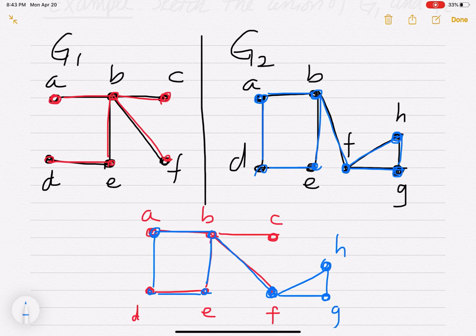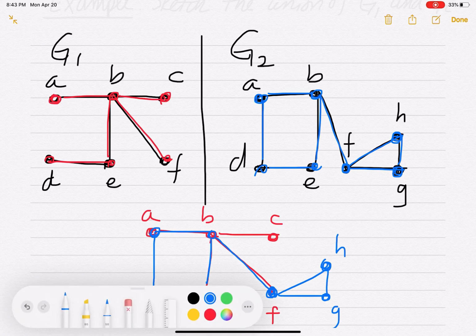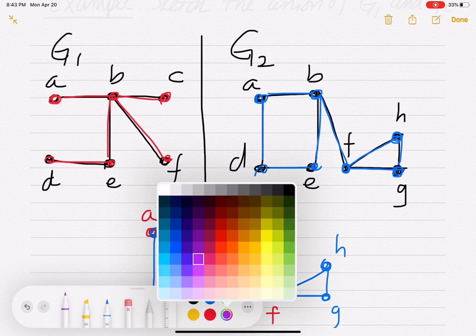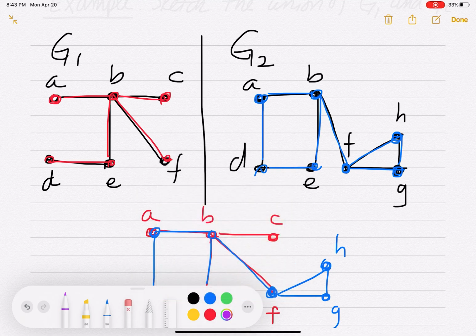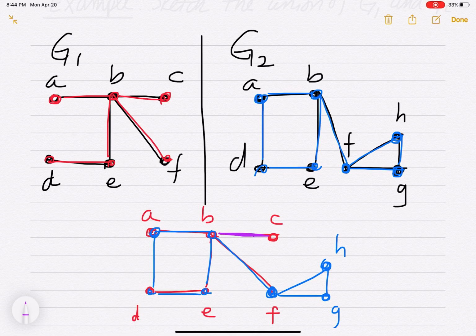So your final graph is going to be this graph I'm going to make in purple. It's the red together with the blue mixed together. So it's going to be this guy. It's just combining the two graphs into one, basically, composing these two graphs together.